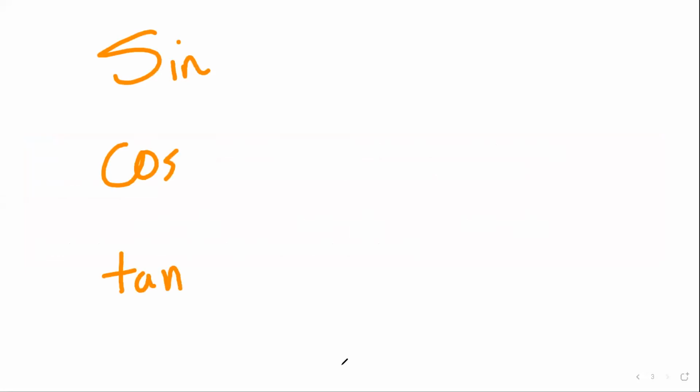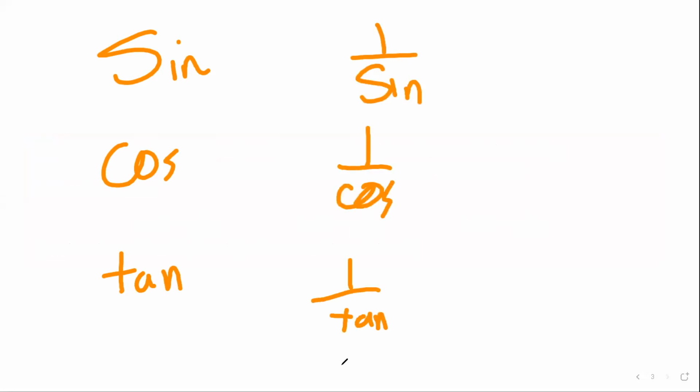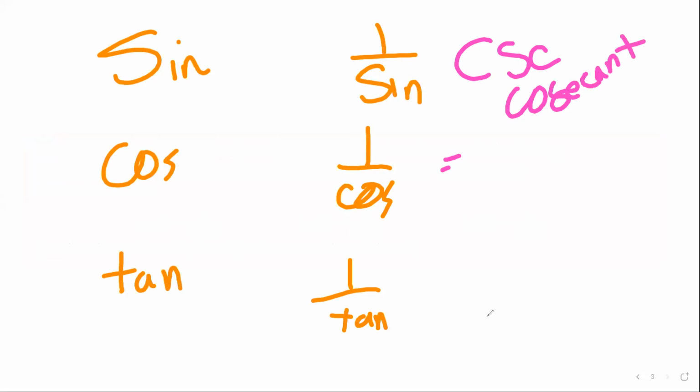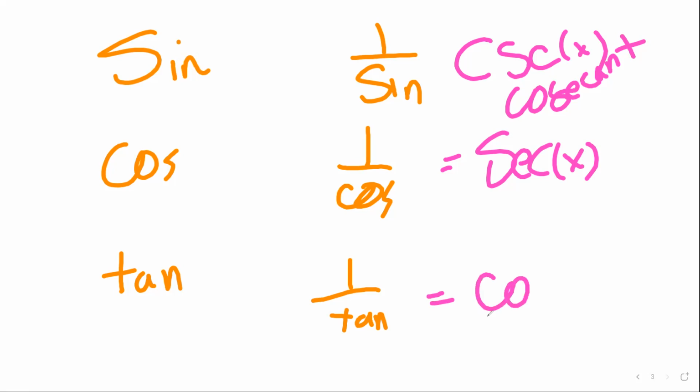This is the first 3. Their reciprocals are 1 over sine, 1 over cosine, and 1 over tan. The reciprocal of sine, we call it cosecant. The reciprocal of cosine is secant. And the reciprocal of tan, we call it cotan.